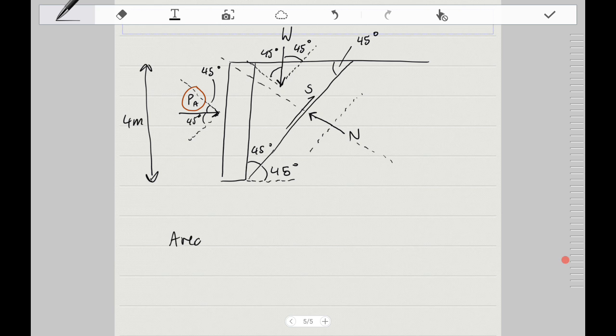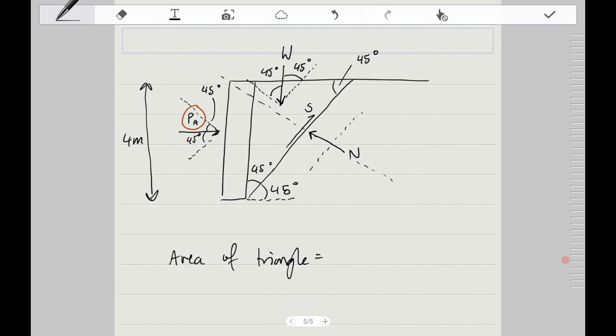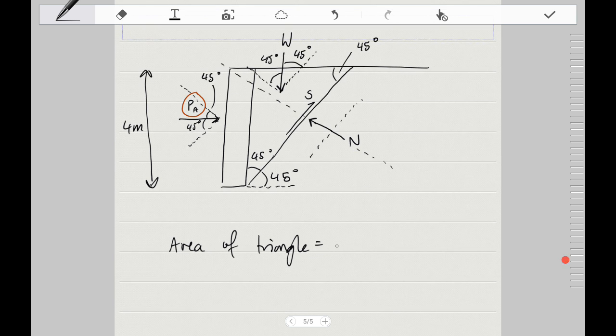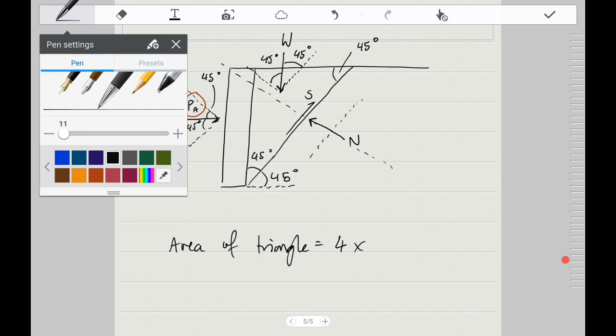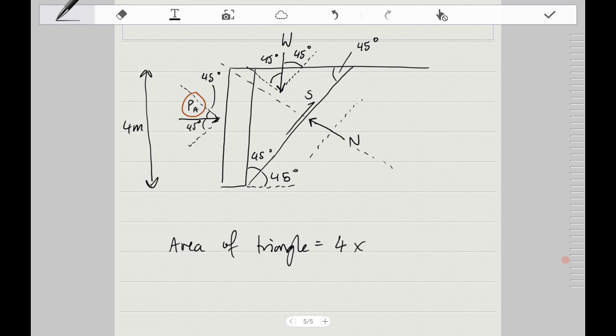The area of a triangle equals, we've got the height, which is 4. We need to multiply by the base. We could use this length here.